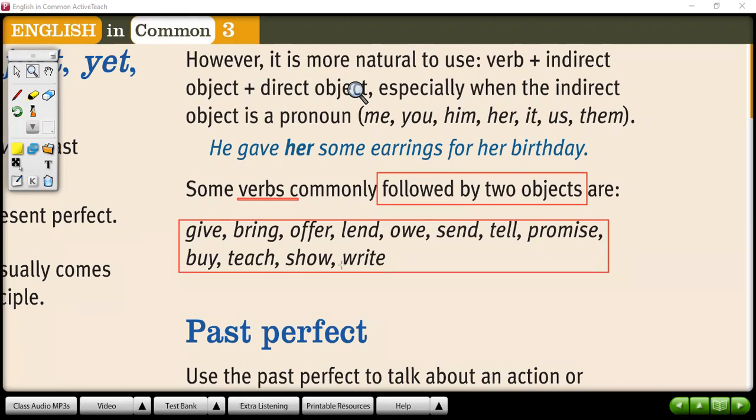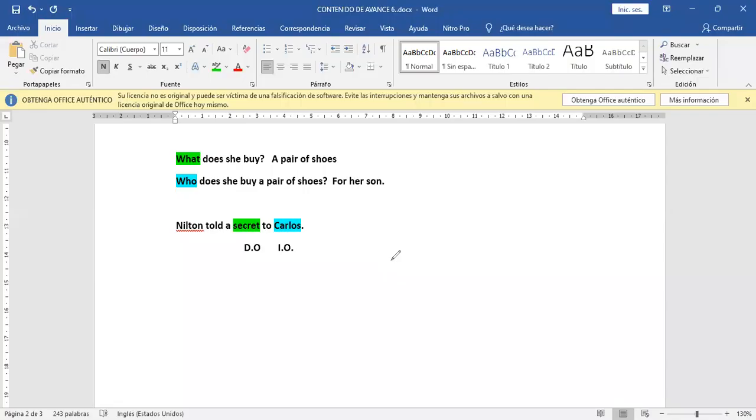Okay, now let's use write. A sentence with write, please, partners. Tell me a sentence with write, with two objects. Leina, do it.